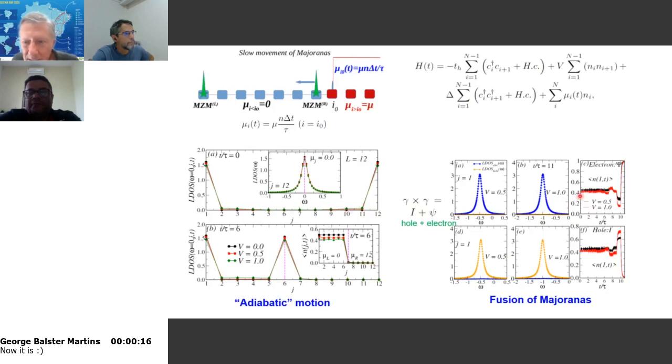You have an electronic density that is not exactly 1/2, because here we have the potential that is also causing some disturbance, but very close to 1/2. Then when the two get close to one another, not on top of each other, we have this anomaly that we don't understand. First, it looks like you will create a hole, and then you go into the electron, as opposed to a smooth decay into the electron or a smooth decay into the hole. So these oscillations, we don't have a clear understanding.